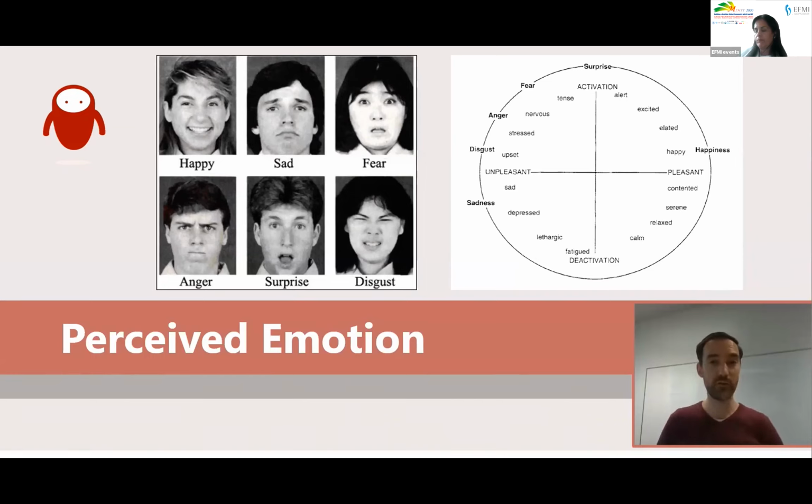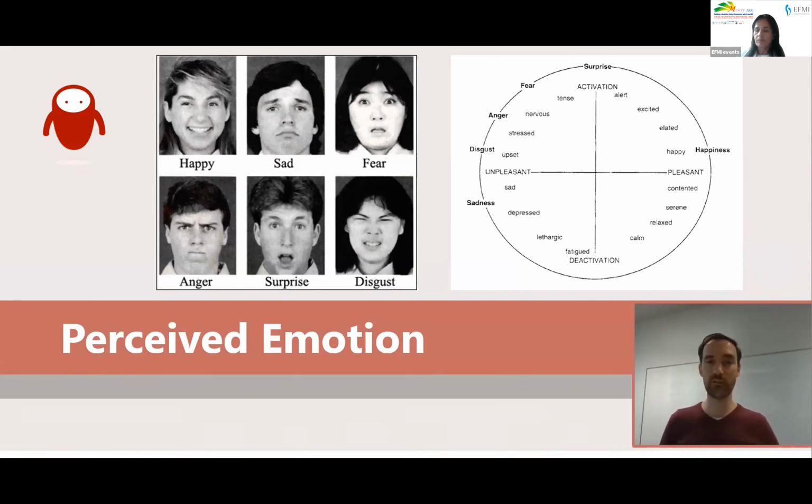On the vertical axis, we see arousal, or in this case activation, going from a low activation or deactivation to a high activation. So in such a way, we can try to model emotions on these 2 different axes and see whether changing things in valence and arousal makes people perceive different emotions in the behavior of the robot.